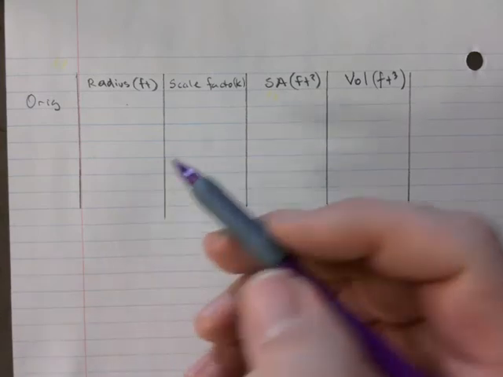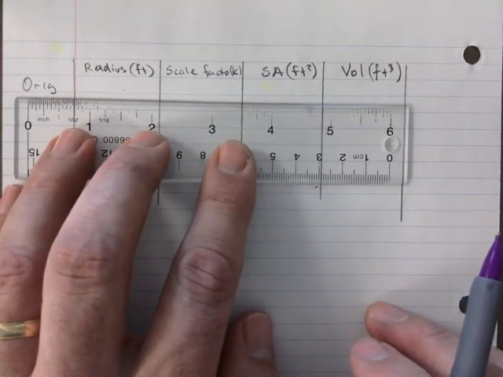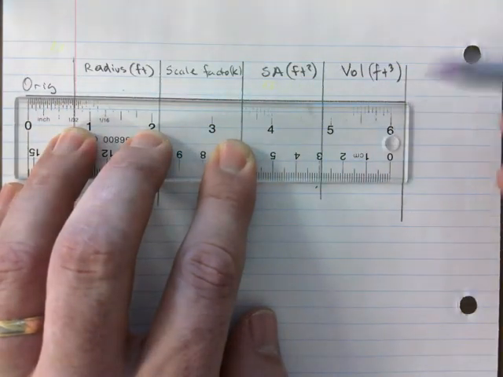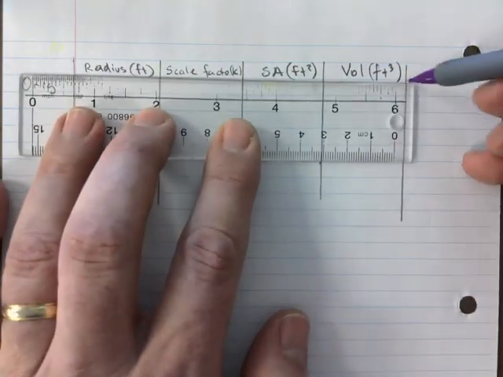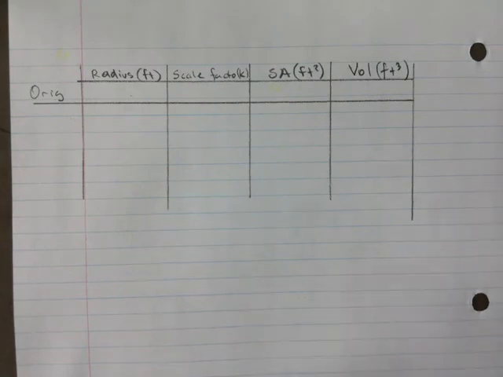And so the original is going to be at the top. In this case, it's not always at the top, but it's the one that's completely filled in. If you ever get a table, which you're going to get after today, the one that's completely filled in is going to be your original shape.